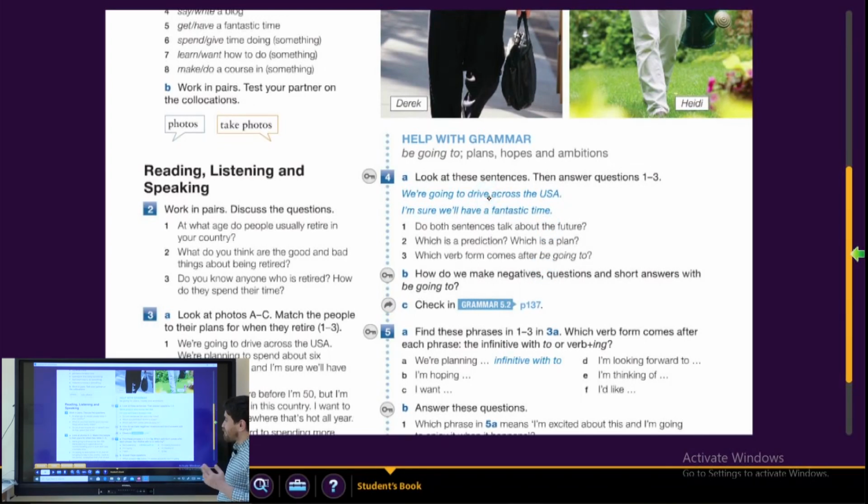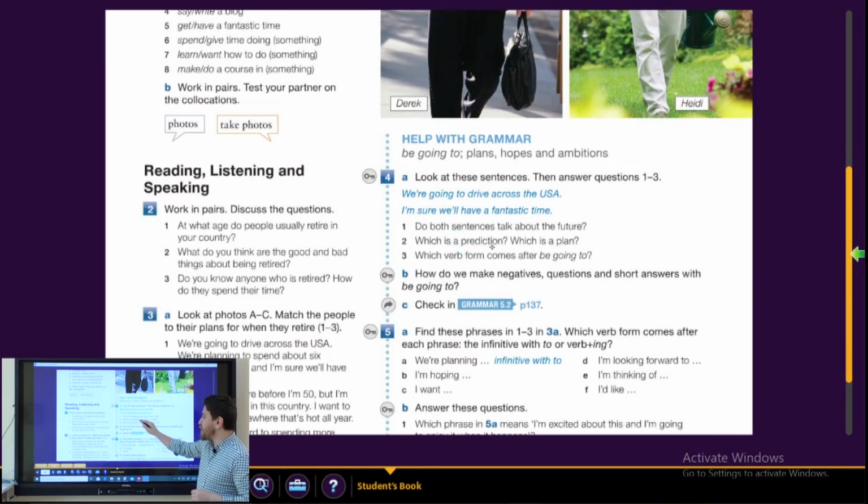Says on picture C, they say, we're going to drive across to USA and I'm sure we'll have a fantastic time. So, do these sentences talk about the future? Yes, both sentences talk about the future: we're going to, and we'll have a fantastic time.